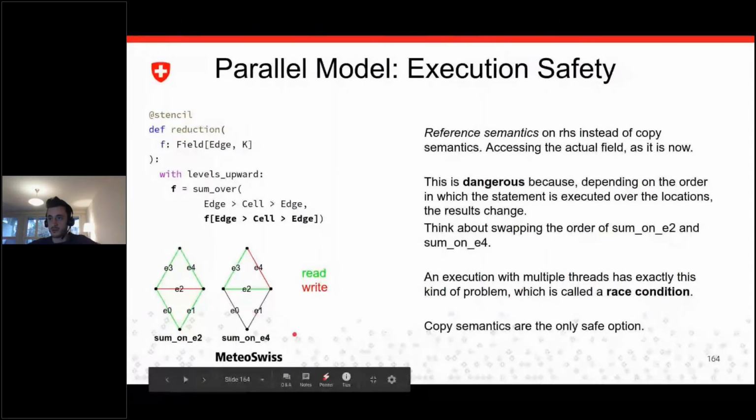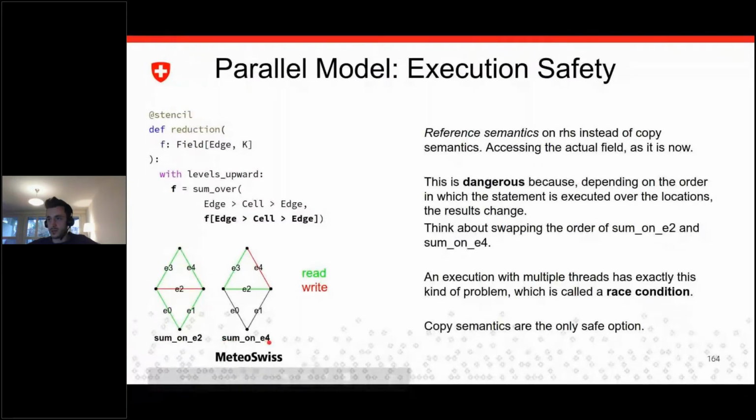And we said that we can execute in any order. If you think about this representation of the execution of the statement on two different edges, depending on whether this sum is executed first or this one is executed first, you get different results, and that's not what we want. We really want always the same result.